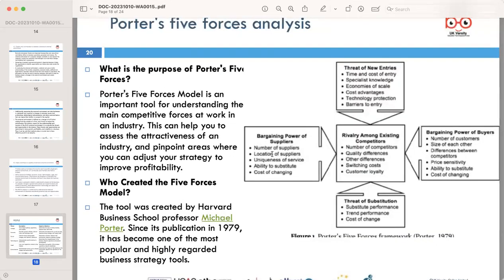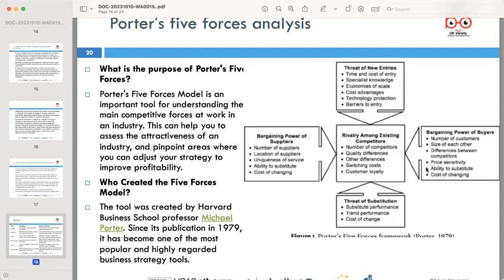So the five forces: threat of new entrants, bargaining power of suppliers, rivalry among existing competitors, threat of substitutions, bargaining power of buyers. So basically, the purpose of the five forces model is to serve as an important tool for comprehending the primary competitive forces at play within the industry.